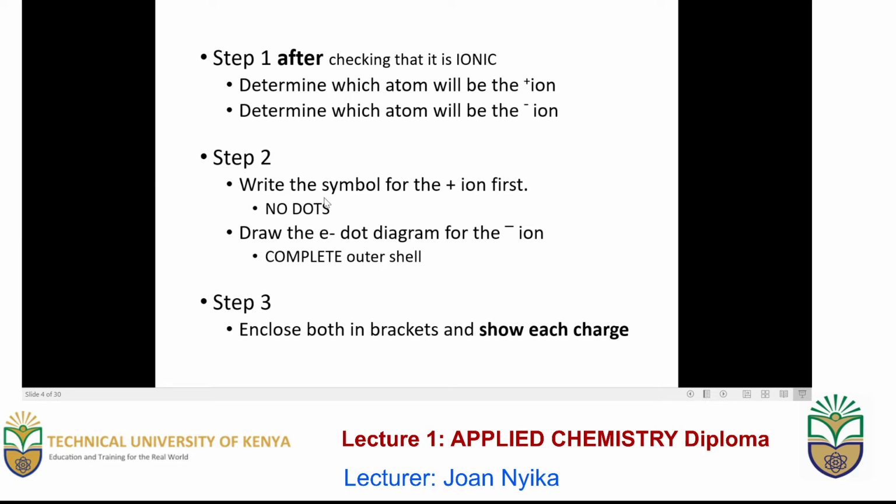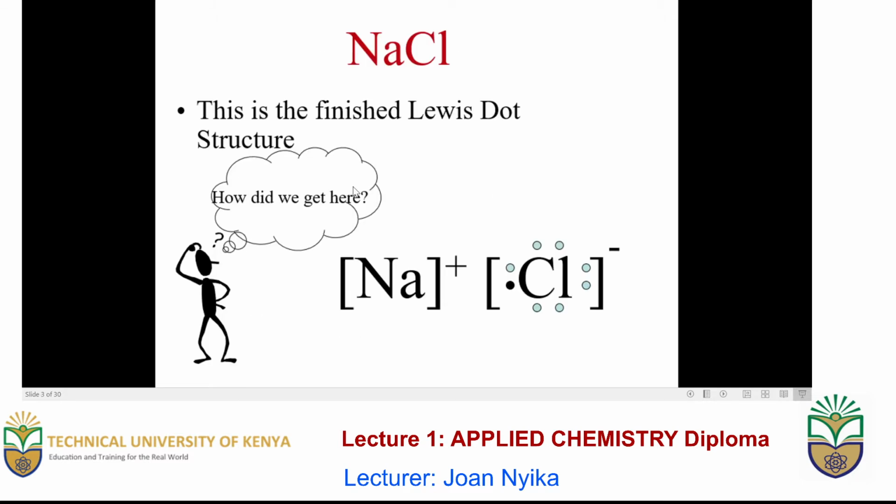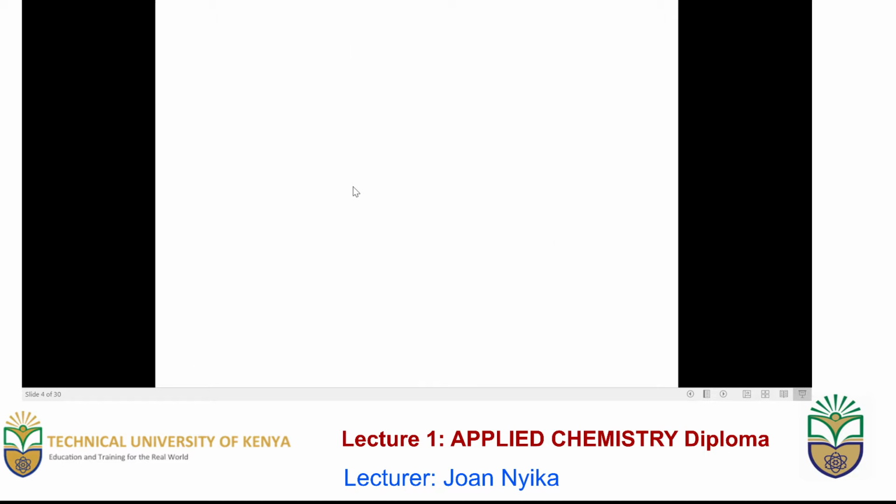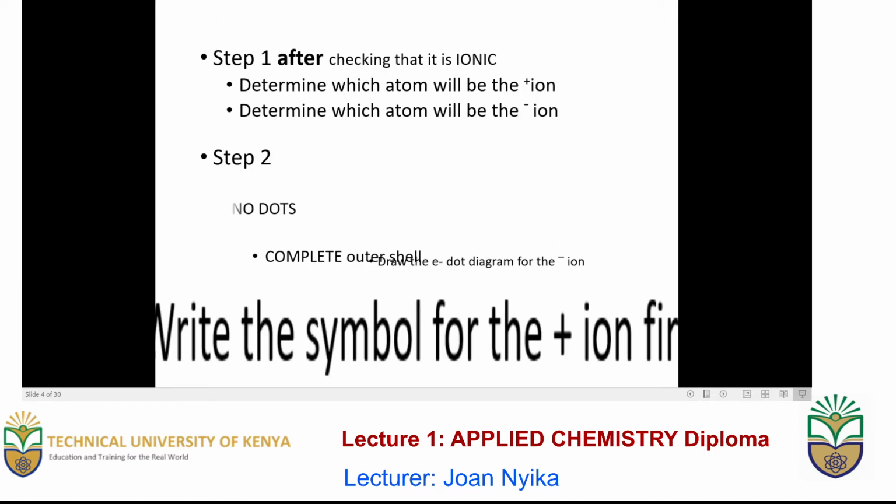Step 2, you need to write down the symbol for the cation with no dots. Remember that we are talking about the cation, as in the case of sodium; you write it like that without dots.